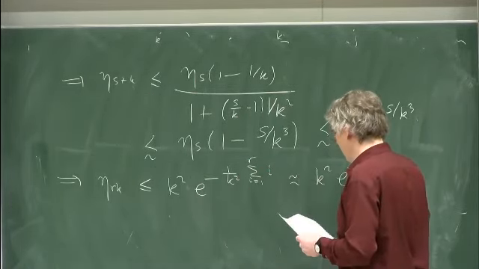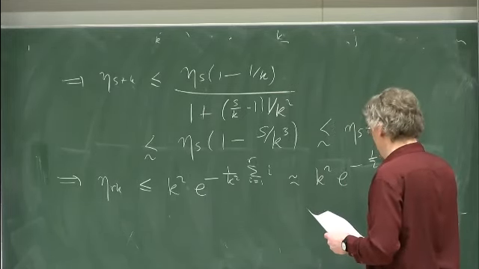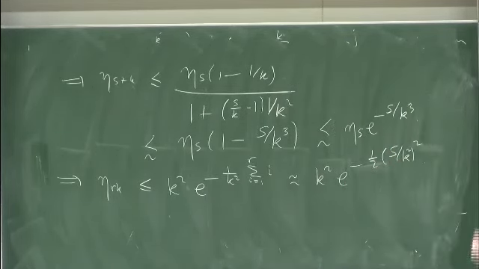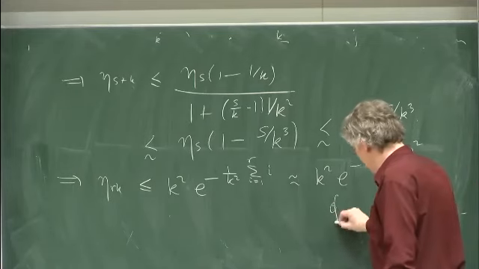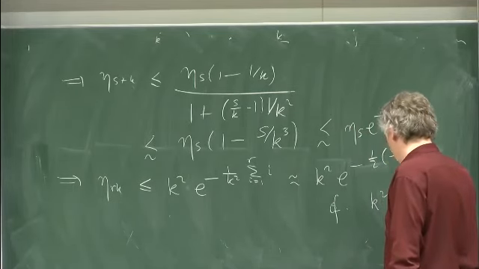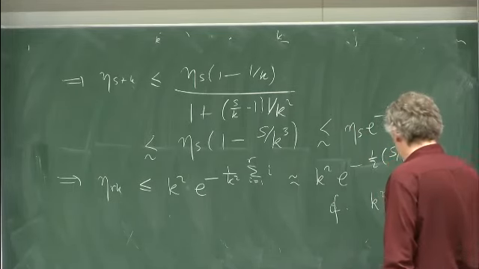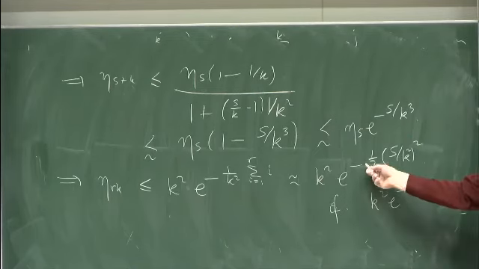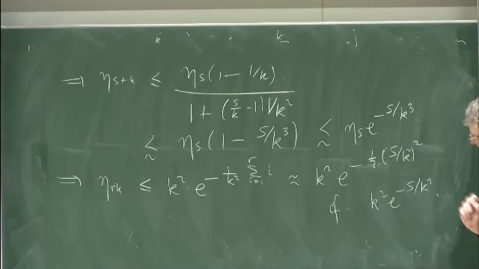So this is looking a lot like k squared e to the minus a half s over k squared squared. And the classical version, which we had before, looked a lot like e to the minus s over k squared. So what we've achieved by the second step of this process is to increase the exponential decay from linear in s over k squared to quadratic in s over k squared.